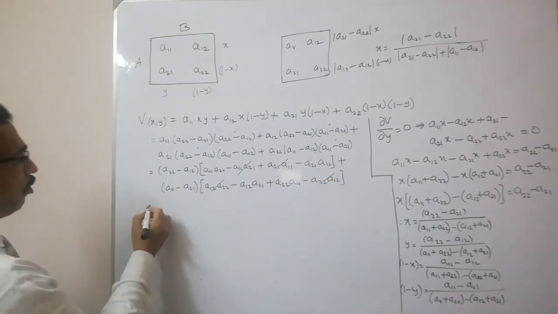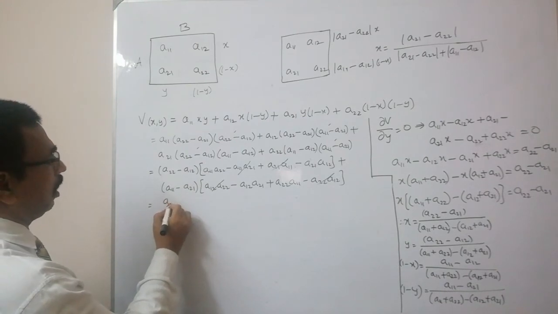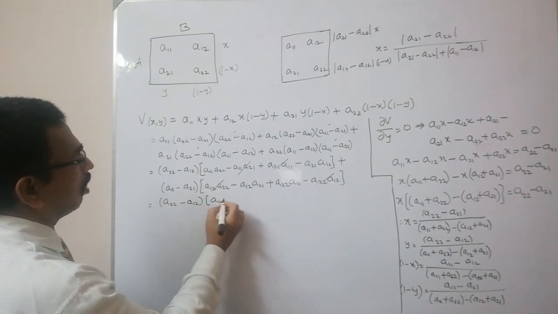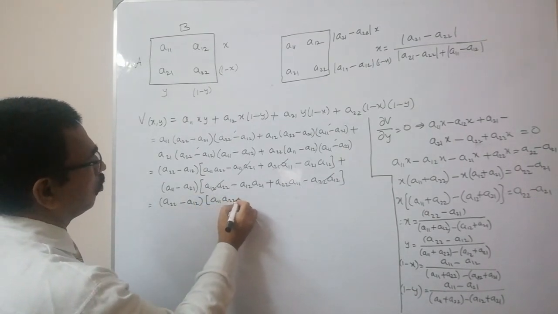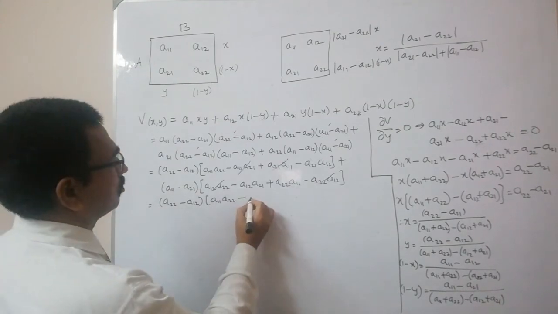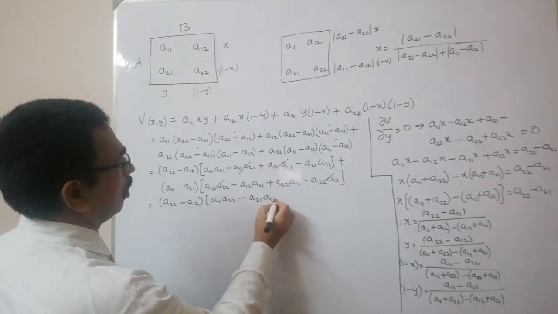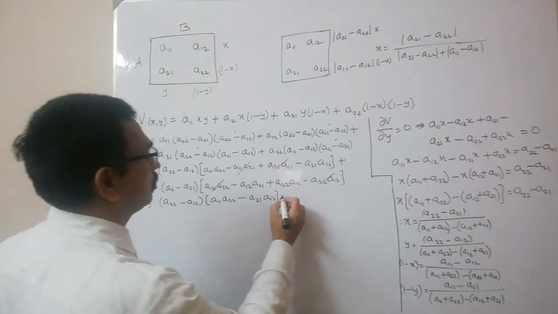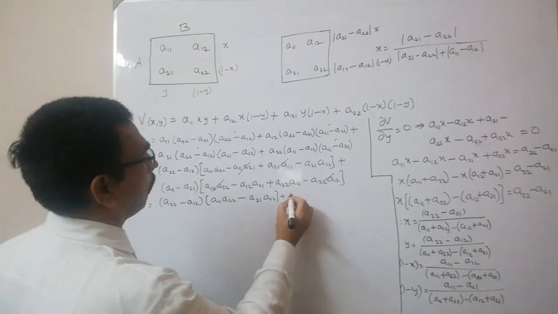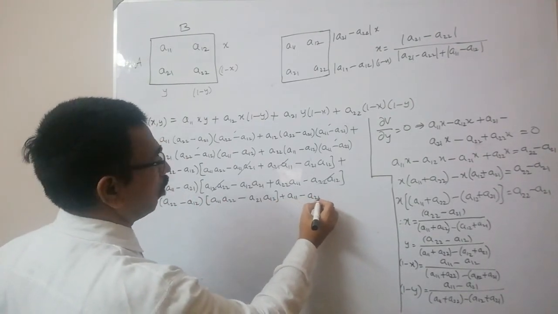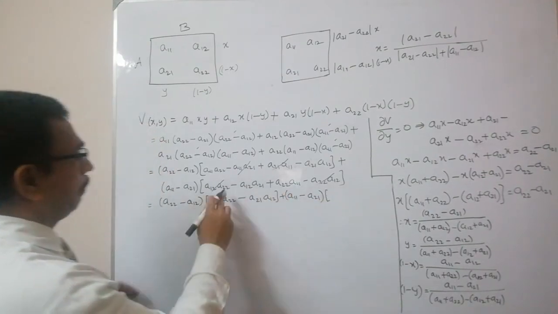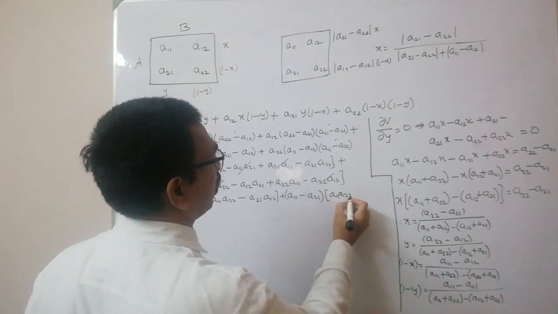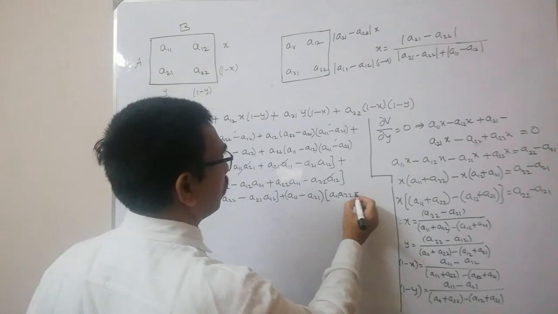Now among the remaining terms we can rearrange them. a22 minus a12 into a11 a22 minus a21 a12, and here also plus a11 minus a21 into a22 a11 or a11 a22 we can write minus a12 a21.